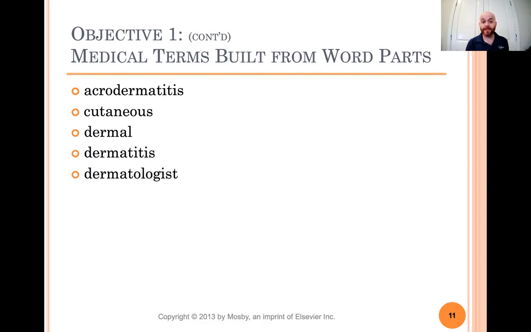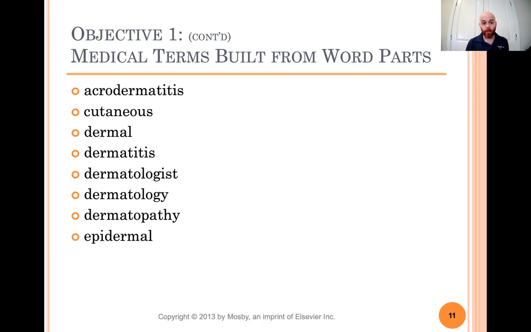That's a person that studies, so this actually means a person that studies the skin. So that's the doctor that you go to for skin problems. Dermatology is just the study of skin. Dermatopathy is a disease of the skin. So we've got skin, and then pathy means disease. We've had that before.